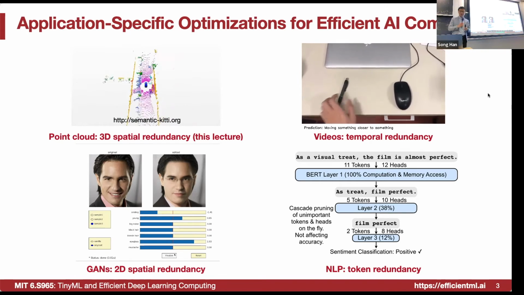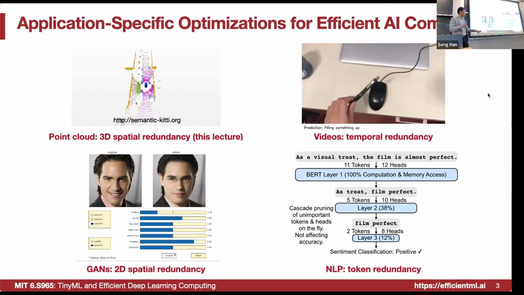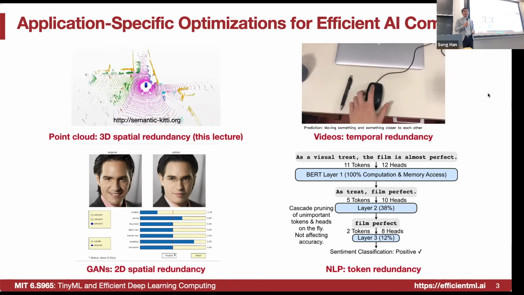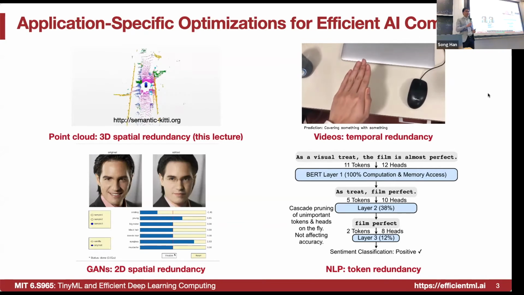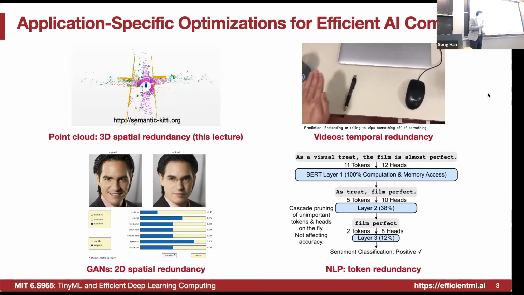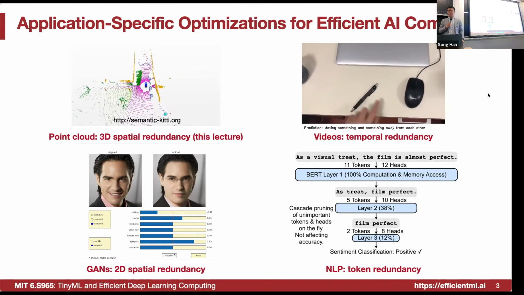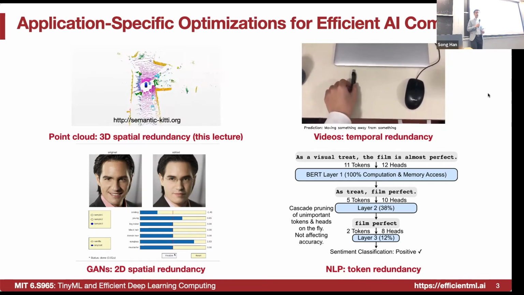And next, I'm going to talk about these generative models. Okay, for example, photo editing. Right, we can adjust certain pixels within the image by using these generative models, by changing the nose, changing the hair color, changing the smile, changing the age, but we are not changing all the pixels, right? So there's spatial redundancy in the 2D domain.